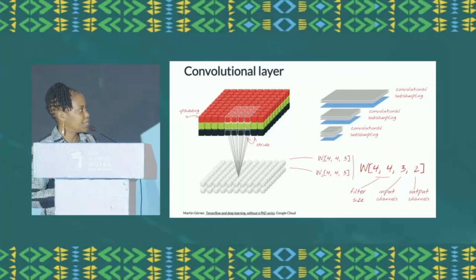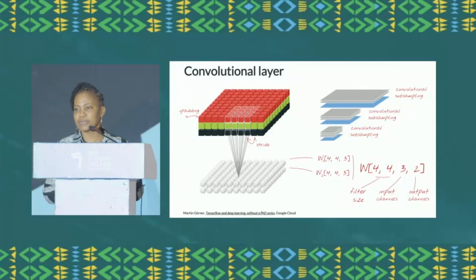The filter here has a size of 4 by 4, the colored input image has 3 channels, and our output channel is 2, indicating that we have 2 filters on the output layer that extract features from the image. Then the subsampling process, which is the pooling process, reduces the spatial dimensions from the convolution.